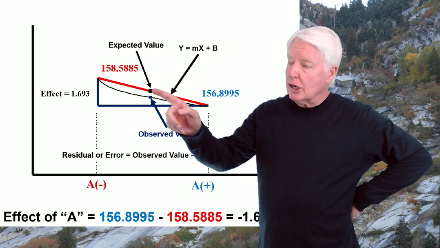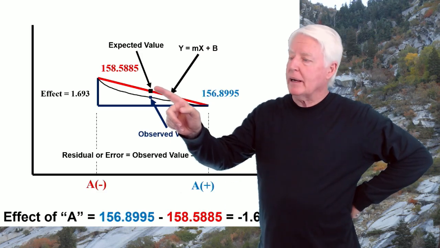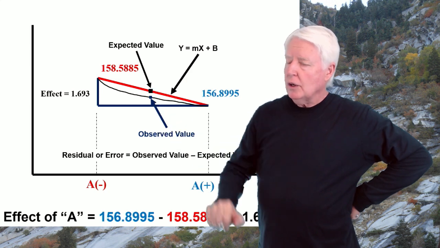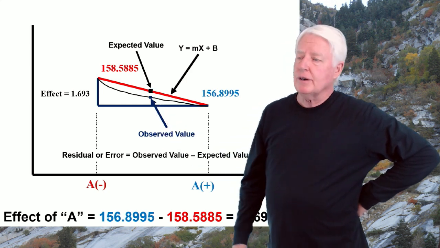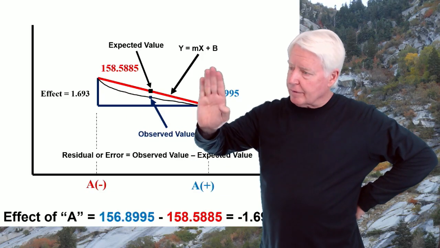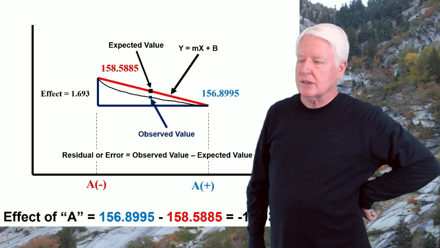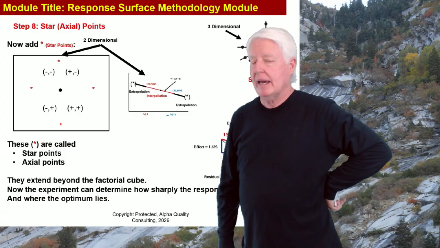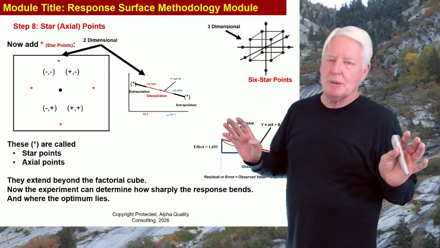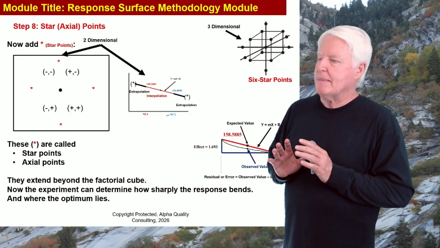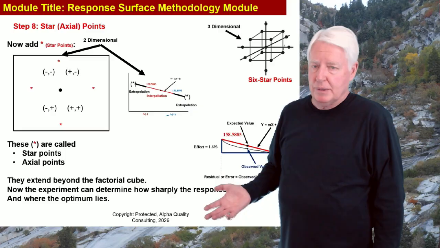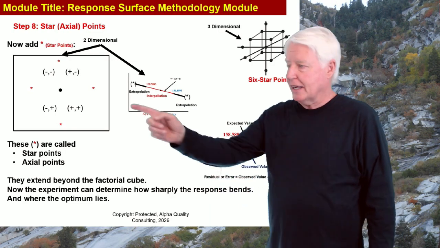We figure out what it should be if it was straight, and then we run the experiment, and if it doesn't meet the expected value, and it's statistically significantly different, we know that there is curvature. And we're going to make up for that curvature with the squared terms of the equation. And we do that all the time in DOE. I did it in two dimensions there, but you'll do it in 3 dimensions for planes, but it's the same procedure. That's why you do a center point.